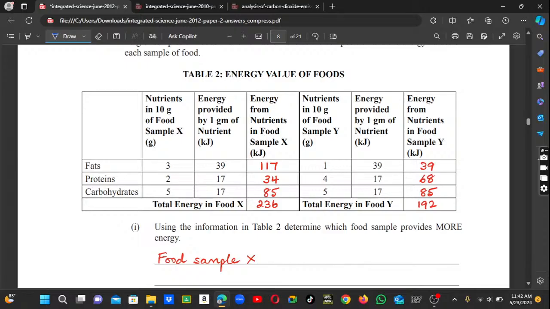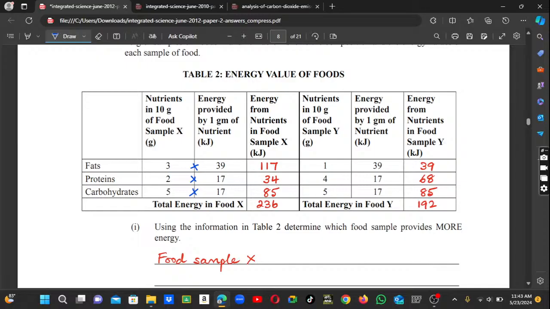So if we were supposed to do some calculation, guys, we could normally see that this table here would be right for food X. Because if we were supposed to say 3 times 39, that would be 117, right? And 217 here would normally be 34, and 517 here is 85.